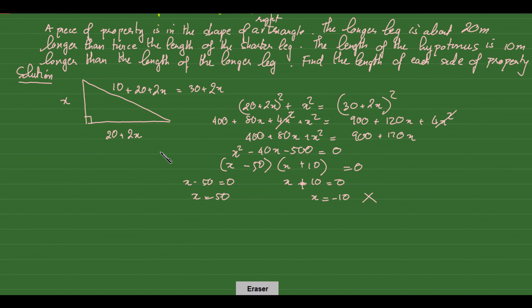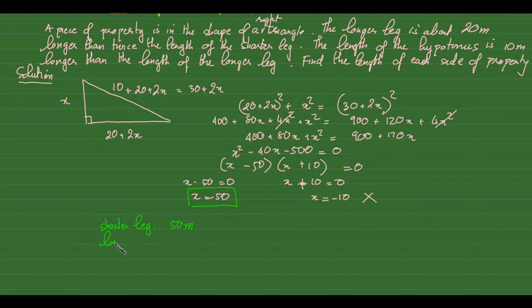So my final answer is x equals 50 meters. The shorter leg will be 50 meters.